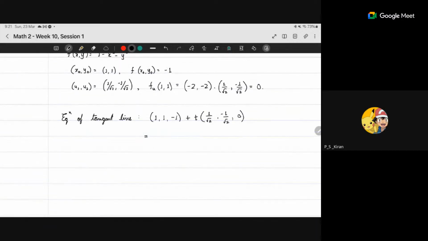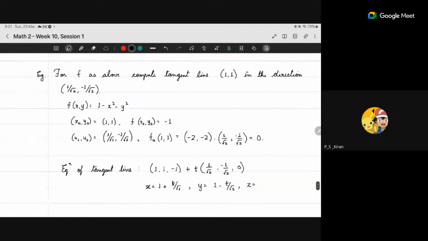So you can leave it at this, or you can say that x is equal to 1 plus t by root 2, y is equal to 1 minus t by root 2, z is equal to minus 1. Okay, I just changed some of the data. I want that z to also be dependent on this. So I'll change the unit direction to be 1 by root 2, 1 by root 2 itself. So u1, u2 is 1 by root 2, 1 by root 2. And here what will I get?